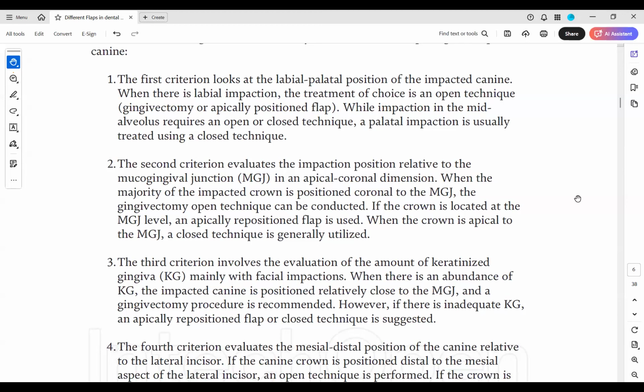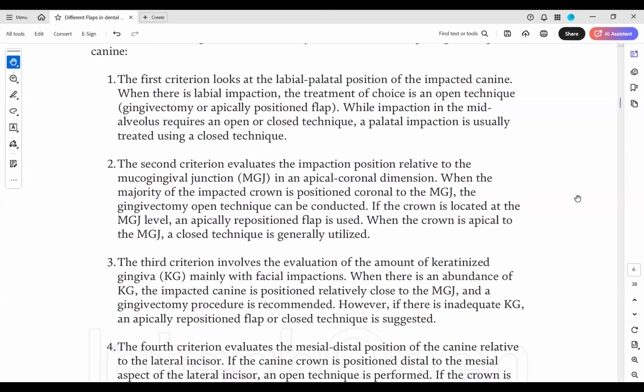So you want to bring the canine down, but you still want to keep all that gingiva in the labial position. So the closed technique, where you will suture the flap back, is indicated when you have a deep seated canine, which is also deep in the bone and which is also more apical to the mucogingival junction.